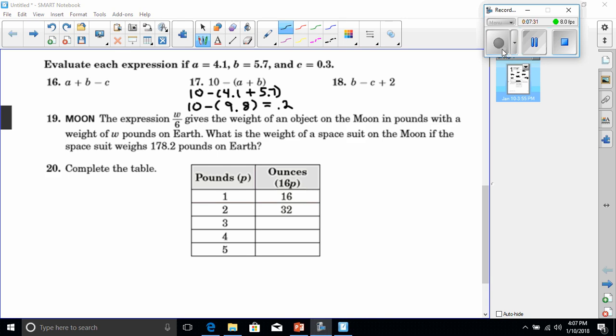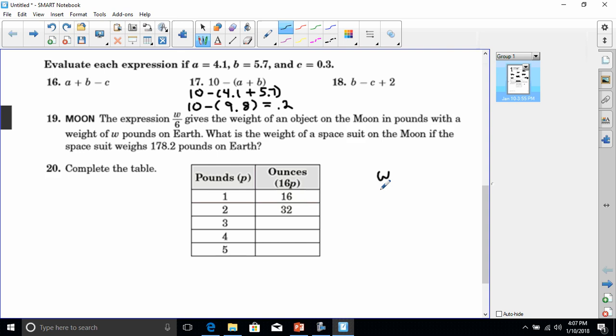And since we're using the expression W over 6, and they're telling us that the weight is 178.2, that means W is going to become 178.2. And we're going to divide all that by 6.